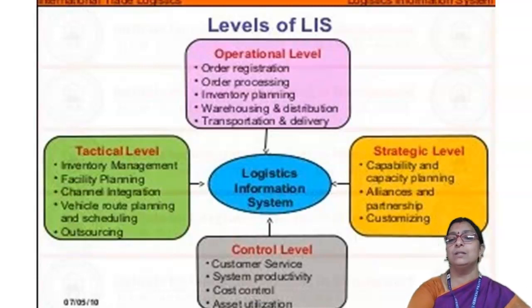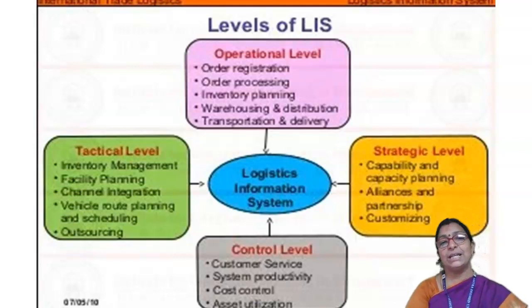The return will be in terms of improved material movement, reduced damages, or higher productivity and lower cost of operations. So this LIS is designed to create these kinds of reports on a regular basis to evaluate the asset performance.